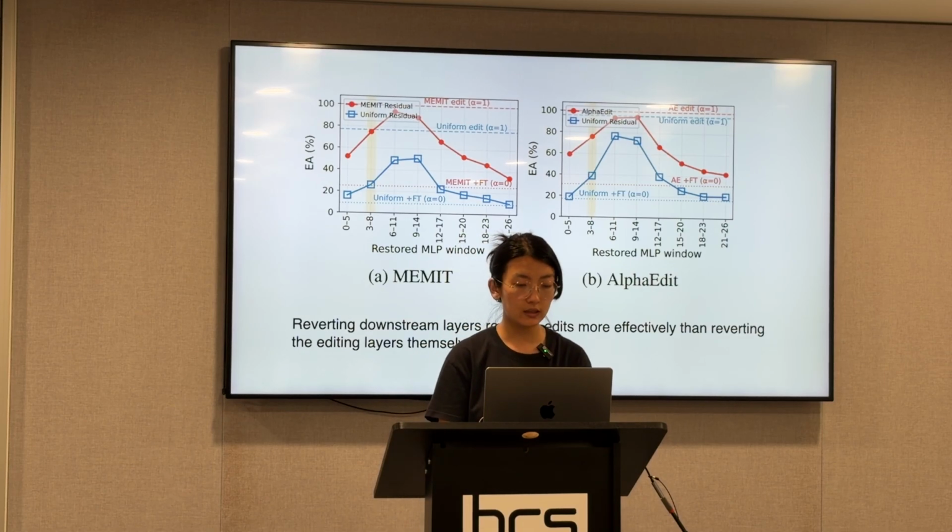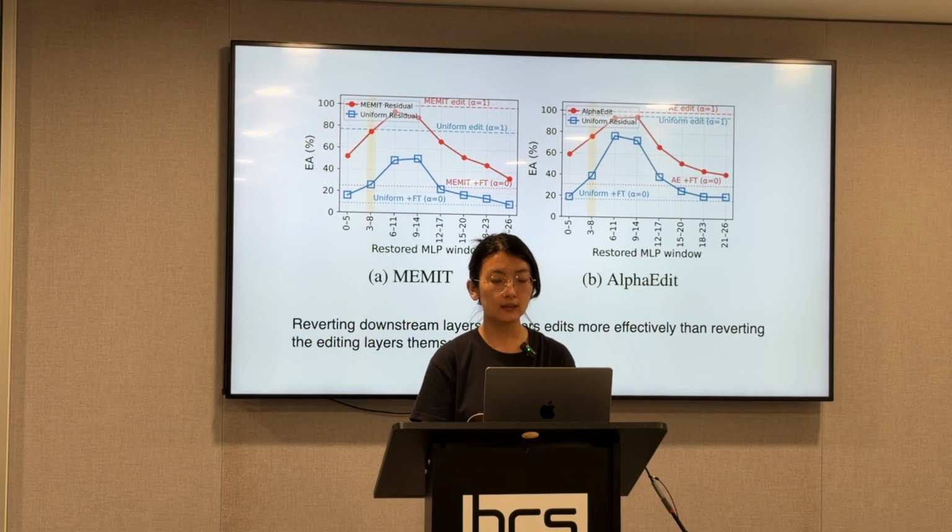For this figure, we show the edit accuracy recovery curve across reversion windows for two different edit methods, MEMIT and AlphaEdit. The key observation here is that reverting the editing layers, layer 3 to layer 8, is not optimal for edit recovery.